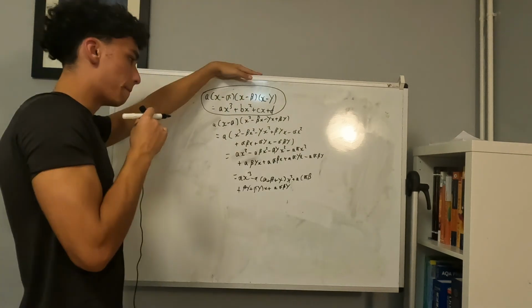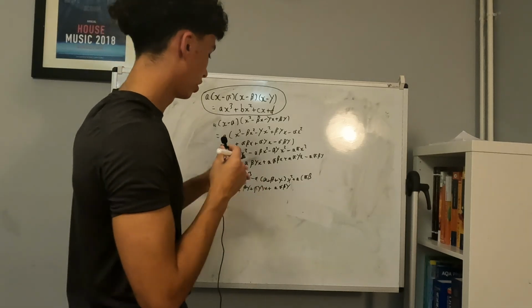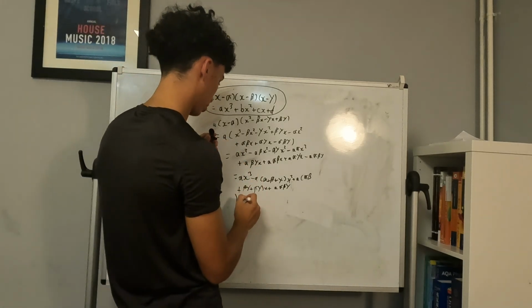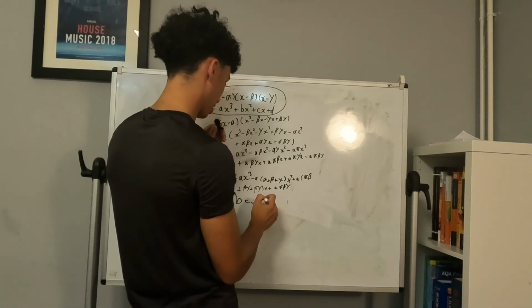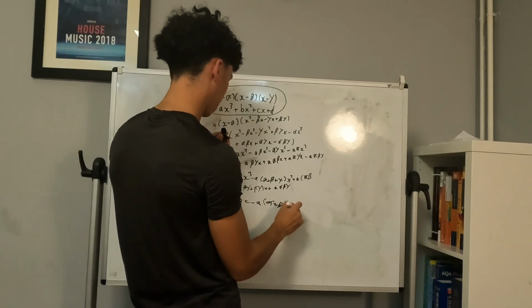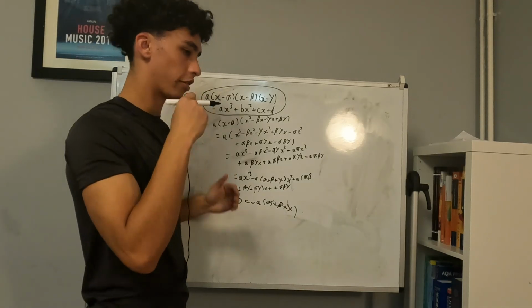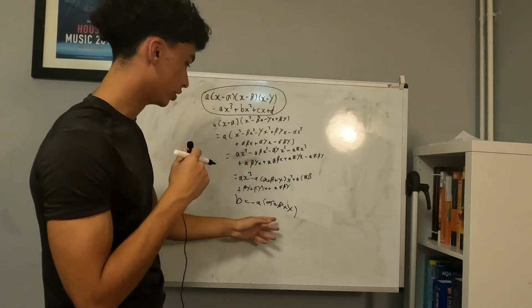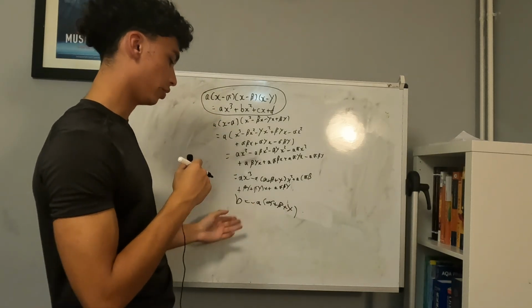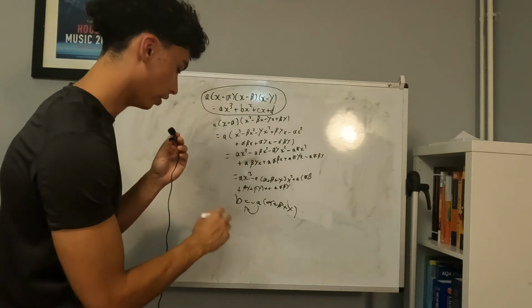We're gonna compare the coefficients. b for x squared is gonna be, so b is equal to minus a times alpha plus beta plus gamma. Now we can see a theme starting to occur, which is the sum is always going to be equal to minus b over a if we carry this a over to the other side.